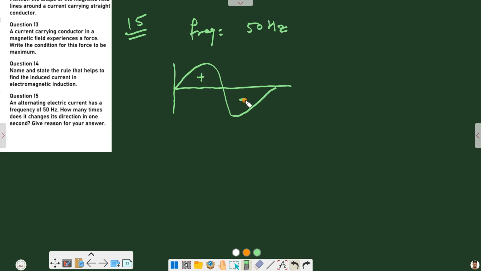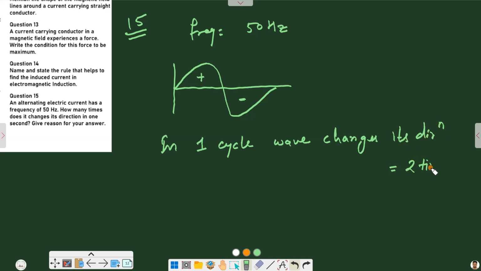Here one, here second. So in one cycle, the wave changes its direction 2 times.